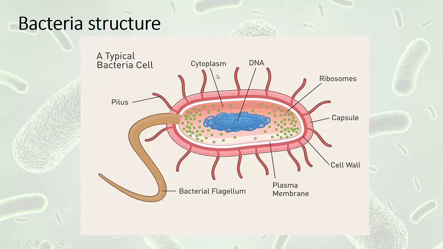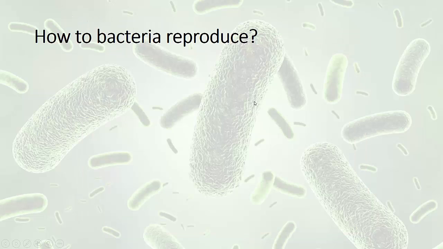And also to help move the bacteria are these pili, or pilus singular. Notice that the bacteria also has ribosomes to help it make proteins, and that is the basic structure of a bacterium. Again, very small, very simple, no nucleus.